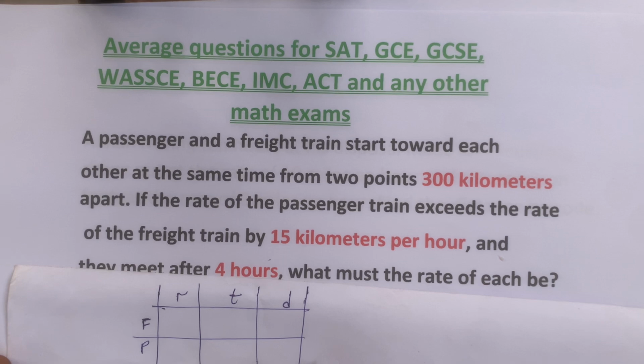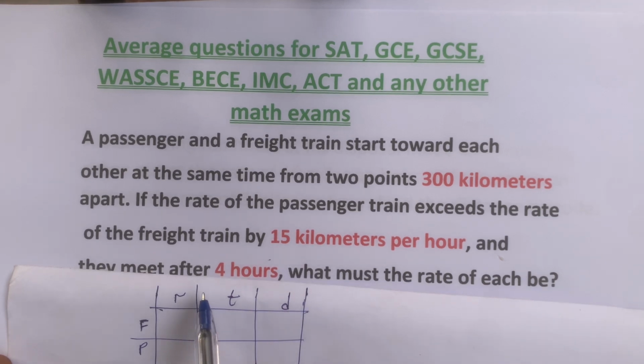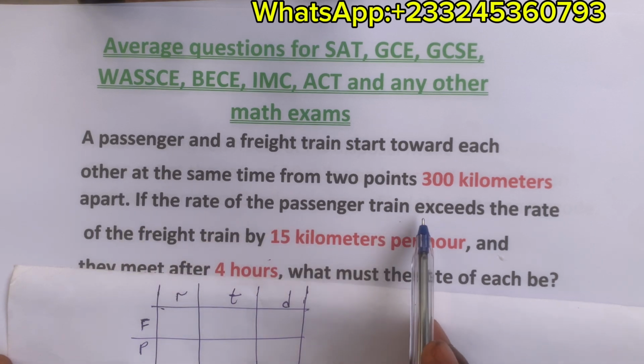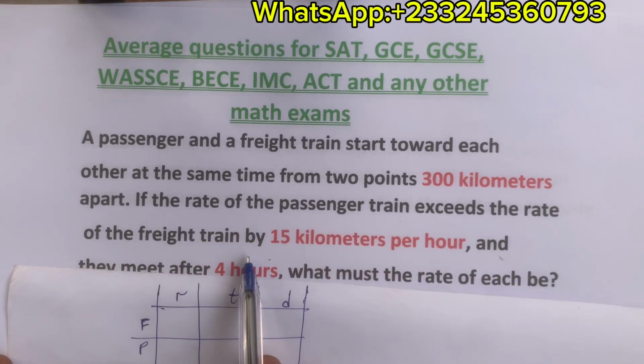We need a rate. If the rate of the passenger train exceeds the rate of the freight train, so if the freight train is moving at a rate of, let me use R there.